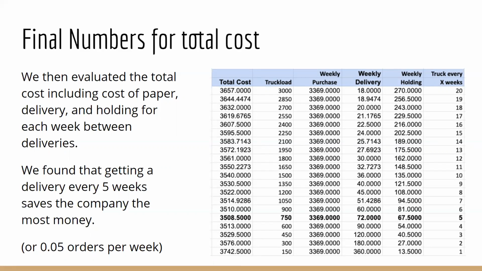So each line represents a different amount of truckloads per a different type of week. So we found for an optimal delivery cost, a truckload every 5 weeks saves the company the most money, and that divides out to be about half an order per week.